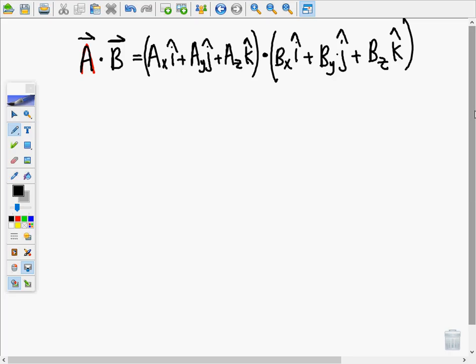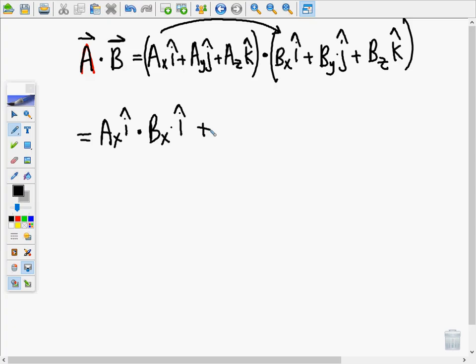Oh no. So the first one would equal Ax times unit vector i dot Bx times unit vector i, plus, and I just have to keep distributing.